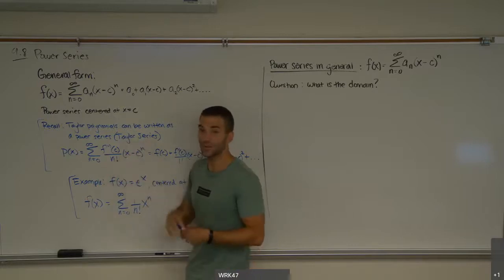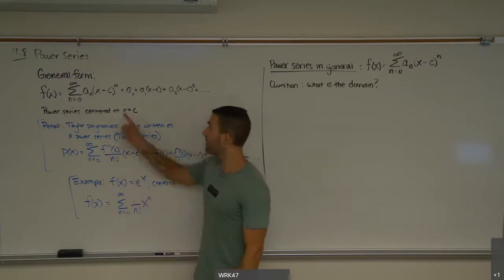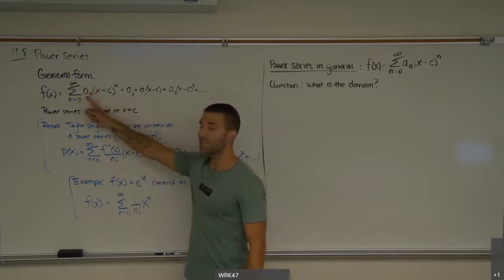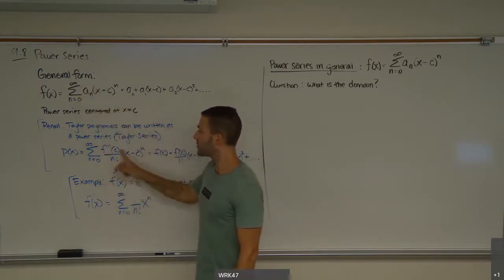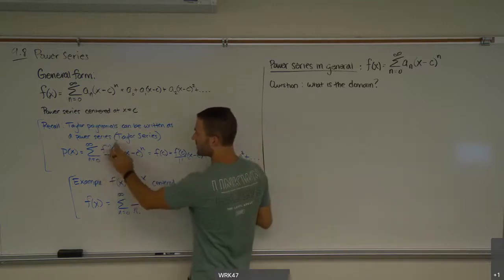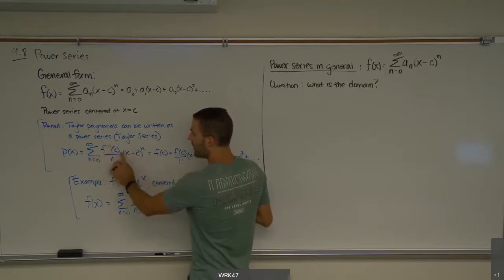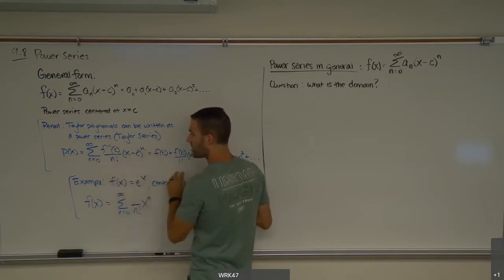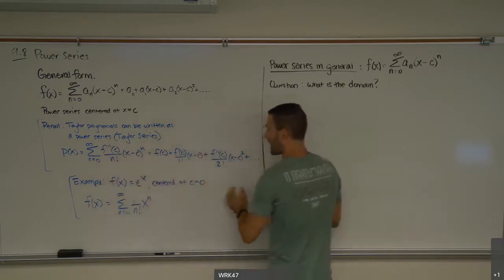We'll call it a Taylor series. Here the coefficients are general a_n, but in the Taylor case they're very much prescribed. The way we constructed these Taylor polynomials, what were the coefficients in front of my polynomial terms? They were the nth derivative of the function evaluated at c, over n factorial, and then my polynomial piece attached.